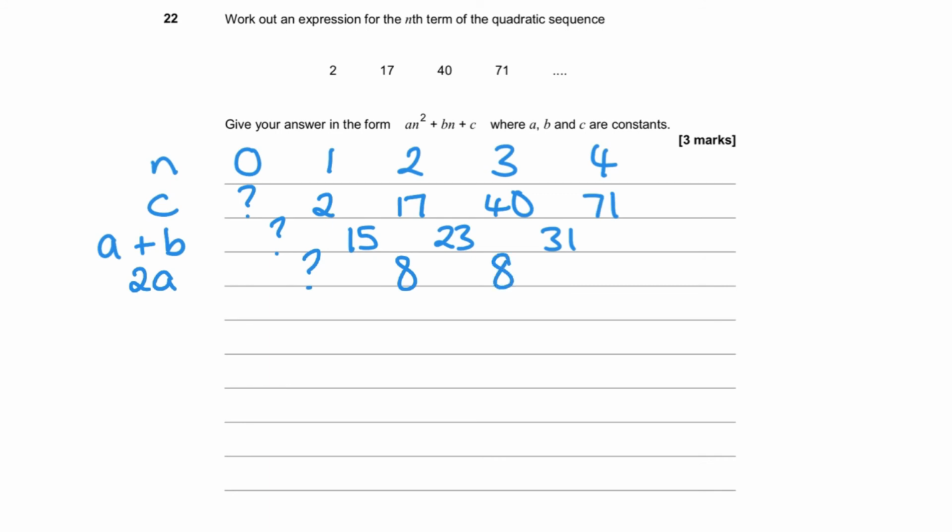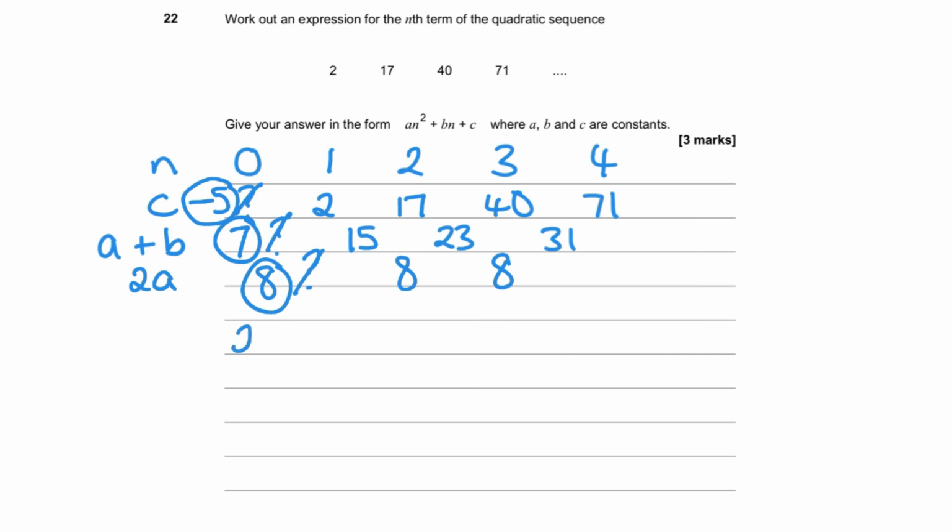So this is the row that all the numbers should be the same. So now we can work backwards and start filling in our question marks. So if our 2A row is 8, this question mark must be 8. The one above, the difference between the question mark and 15 is 8, so the question mark must be 7. And then the one above that, the difference between our question mark and 2 is 7, so the question mark must be -5. And these are the values that we want.